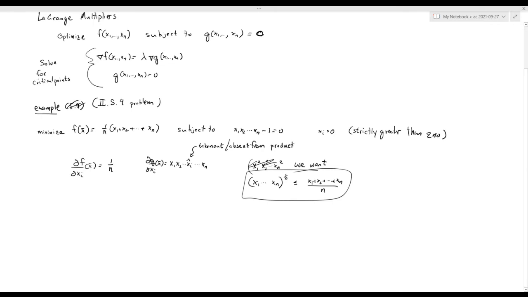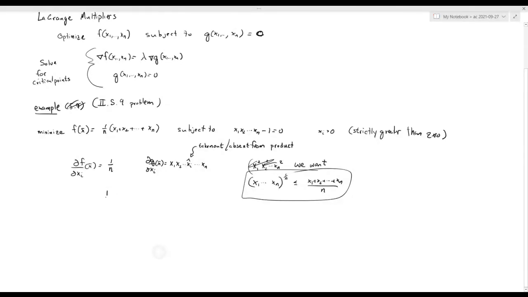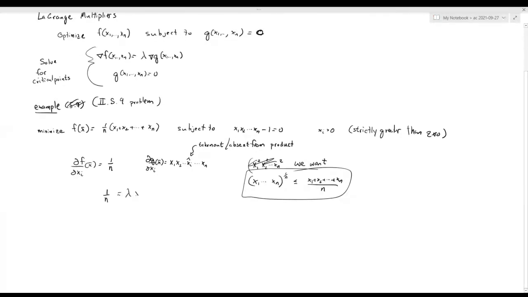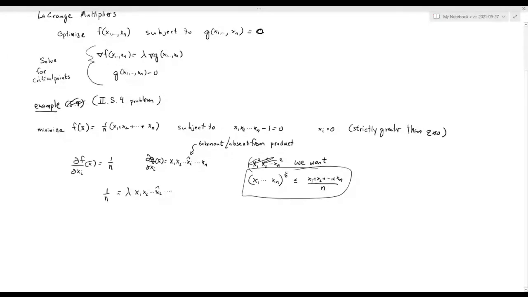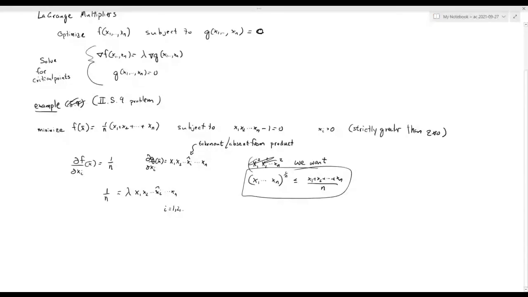Okay. So now we have a general formula for the partial derivatives of f and g. Lagrange says that we should take the gradient of f, so that consists of these partial derivatives, set it equal to lambda times the gradient of g. But this is exactly the same formula you would use regardless of which coordinate you're looking at. So we'll just say that this has to be true for i goes from 1 to n.